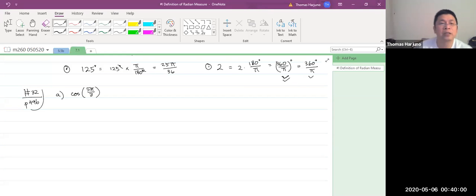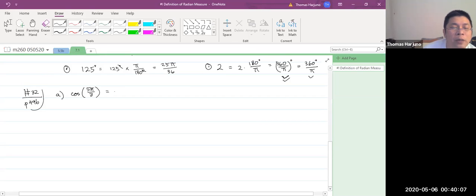Let's say I do it in degrees. Let me show you how I want you to show the work, even if you make it into degrees. First, if you make it into degrees, that will be 300 degrees. Now the thing is, how do you compute cosine 300 degrees?